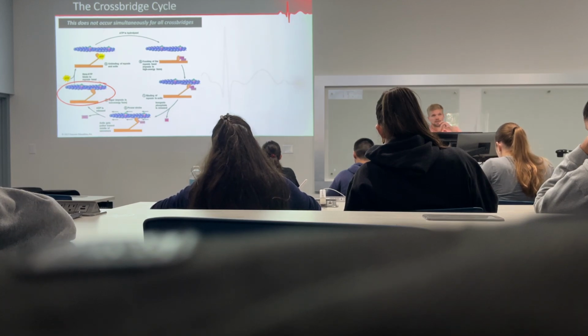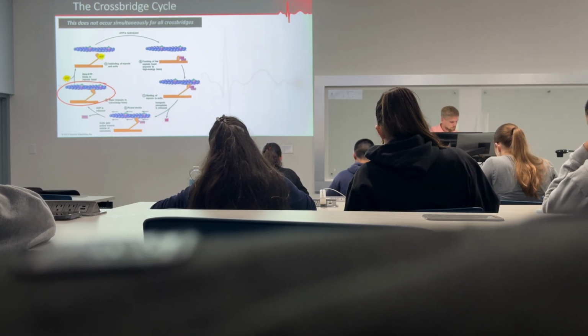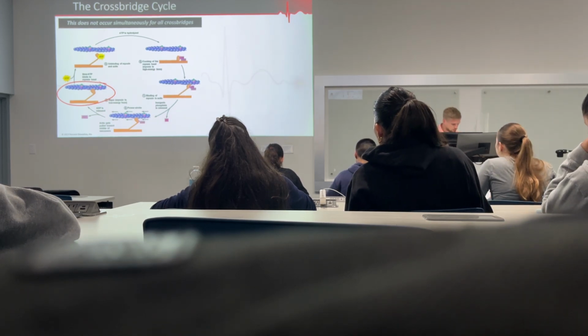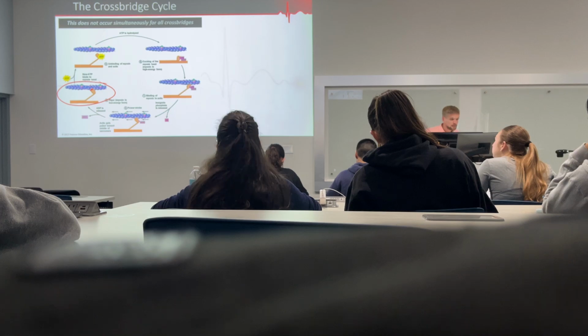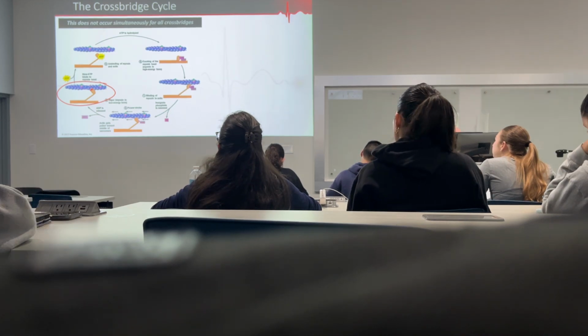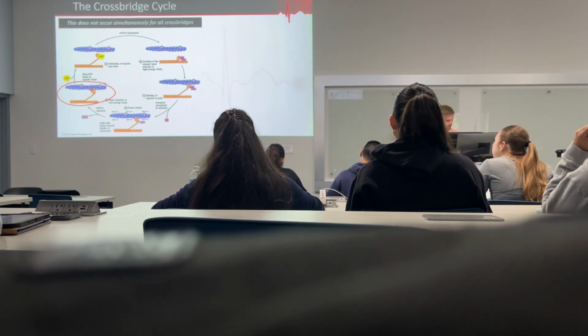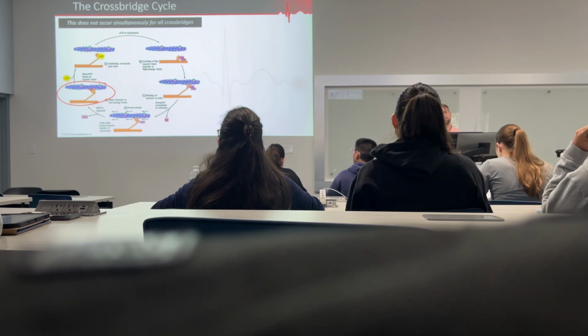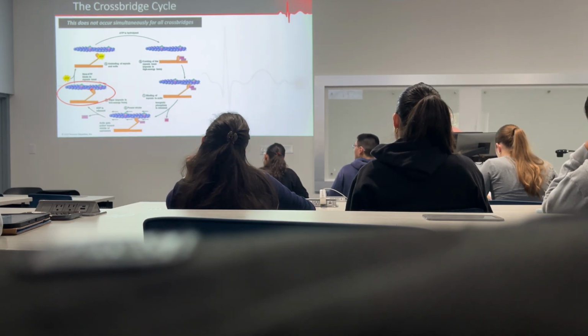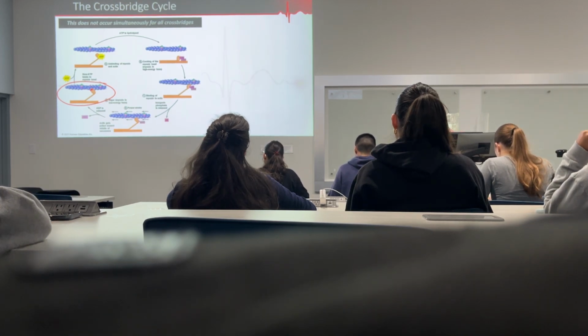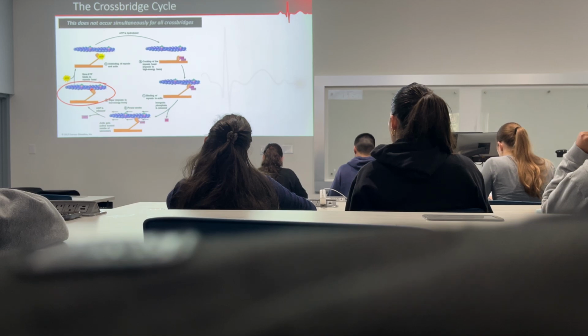This is where the myosin head is bound to actin. If you take a look here, the myosin head is bound to a myosin binding site on a specific globular actin. And force is being generated here. But the myosin head is stuck to actin.